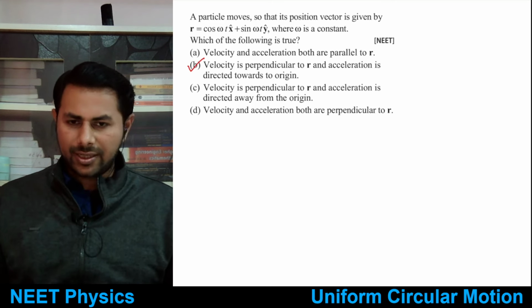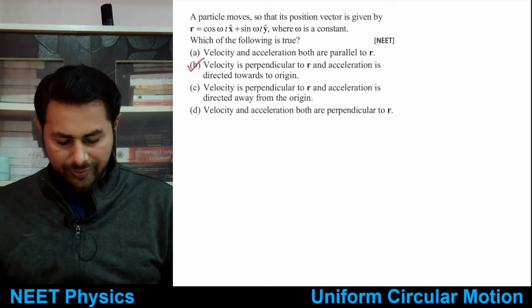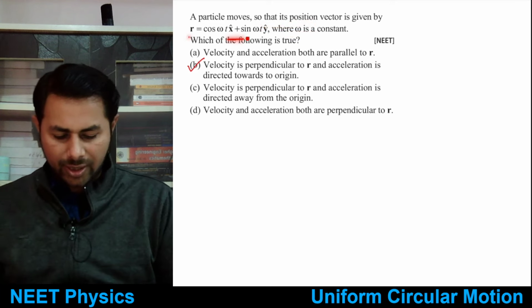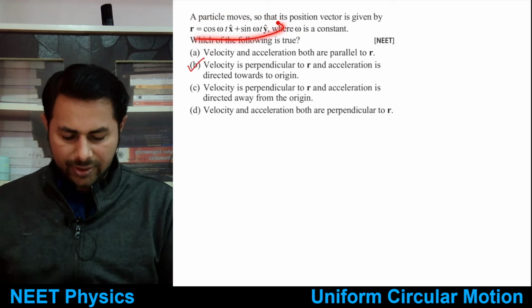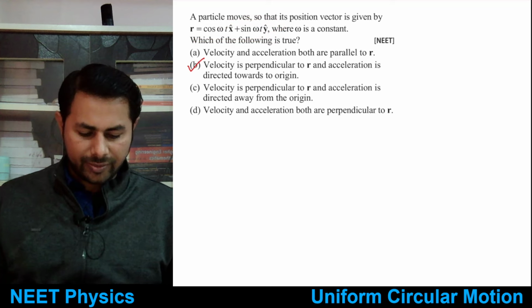Yes, this one is correct. This is very simple. Again, it's not written that the particle is performing circular motion, but given this, it should click to us that the particle is performing circular motion.